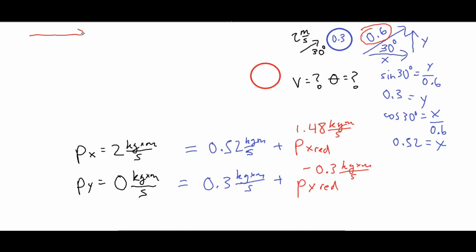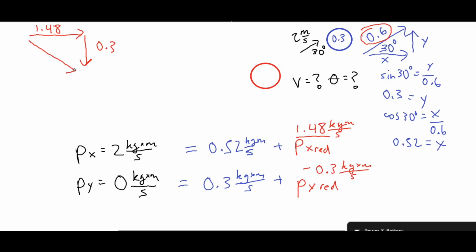So we have an x component of 1.48, the one that we just got right over here. And then we have a downward negative component that's down at 0.3. Okay, now that I have the vector pointing downwards, I'm going to take the negative off of that 0.3. And then here is our actual resultant vector of what our total momentum is going to be for our red ball.